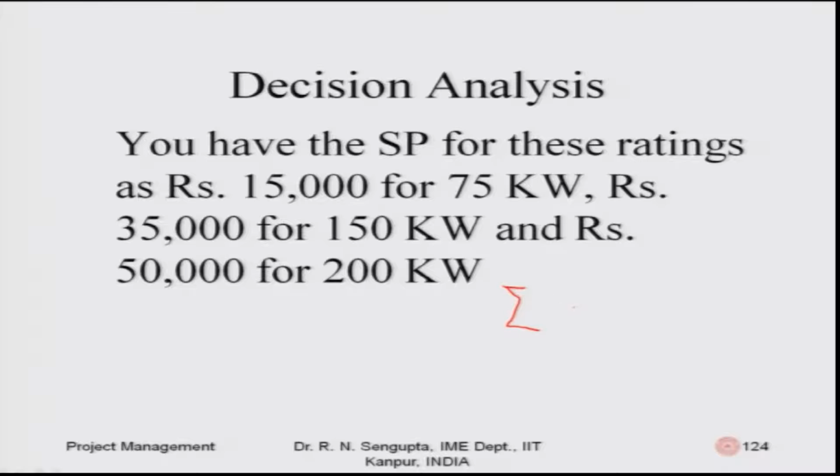So, you will have a demand D, which will be D1, D2, D3. You will have the probabilities P, which will be P1, P2, P3, and you will have the selling prices SP1, SP2, SP3, which are 15,000, 35,000 and 50,000. Now, this is basically the sum.